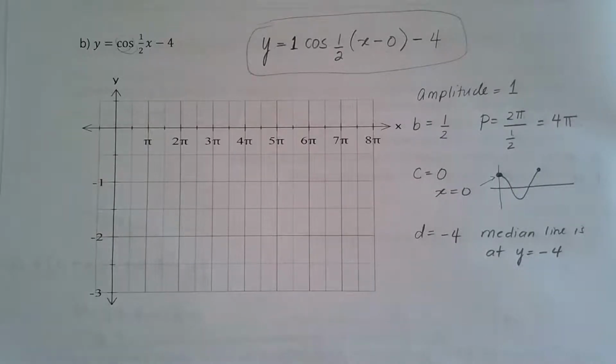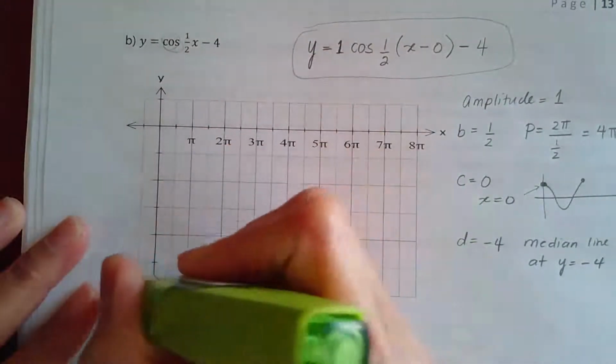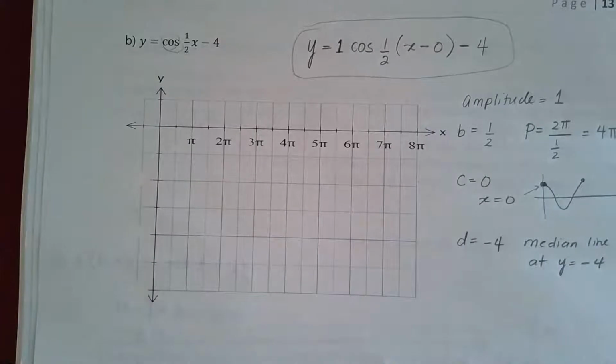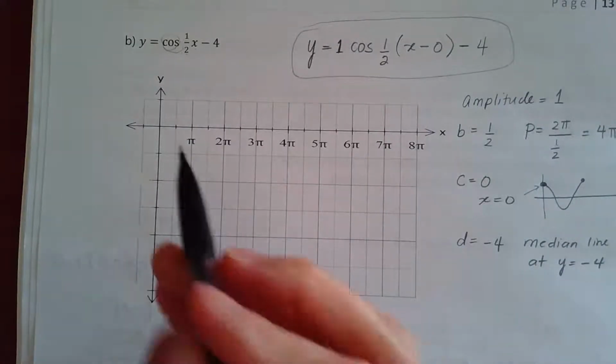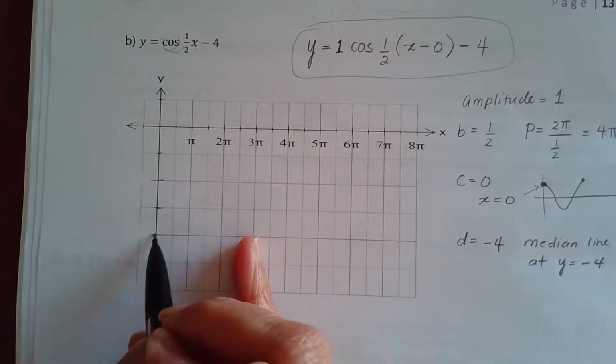So let's fix this. We're going to change our scaling in here. Okay, so this is going to be -1, -2, -3, -4.